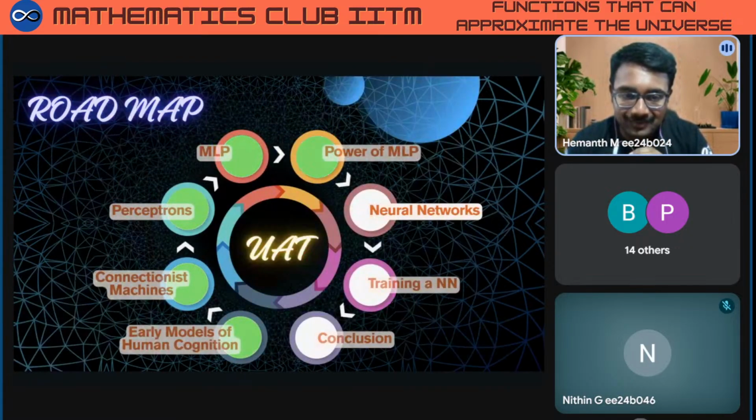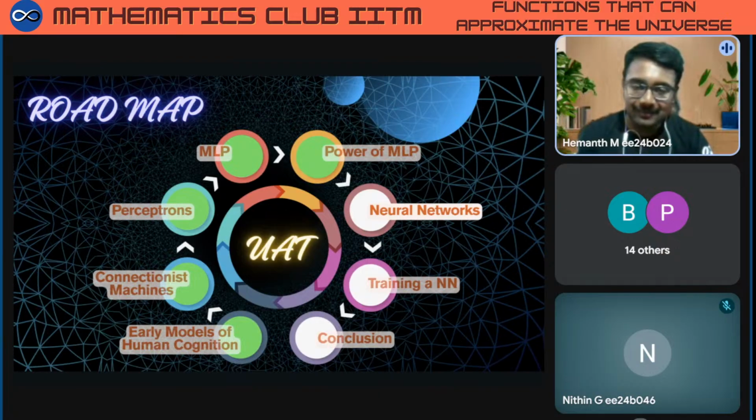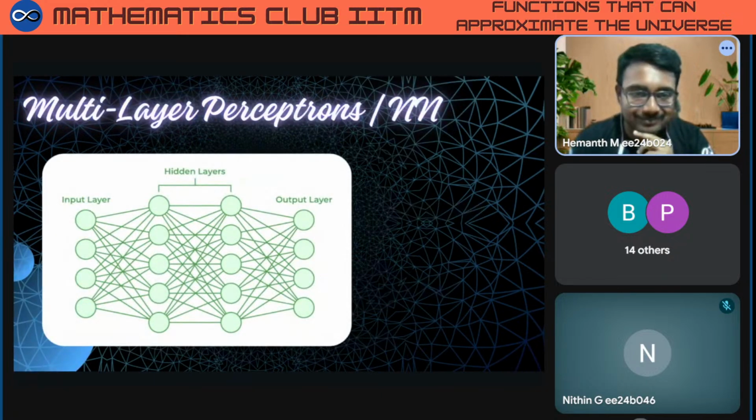So till now we started with these connectionist models, perceptrons. We then connected these perceptrons to MLPs, and then we saw all this power of MLPs. Now we'll be going over to neural networks. What are they, and why do we use them? Just on a side note, in this session I'll be using neural network and MLP almost interchangeably, because there isn't much of a difference between them.